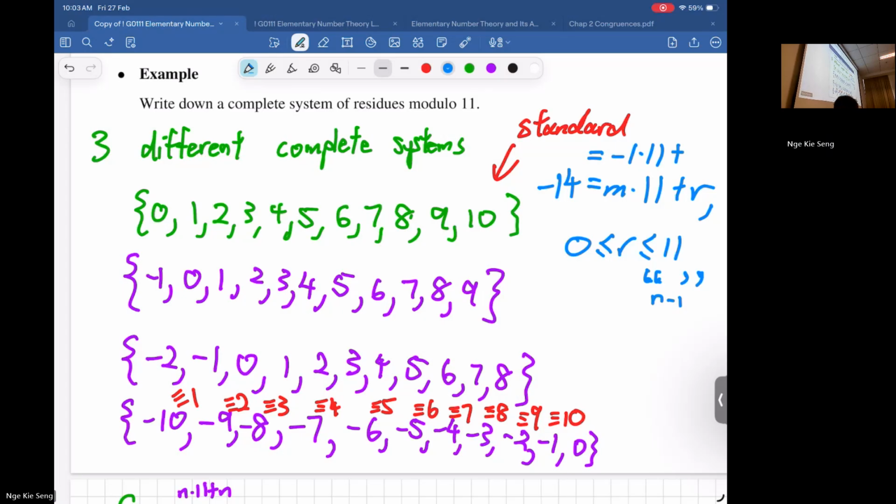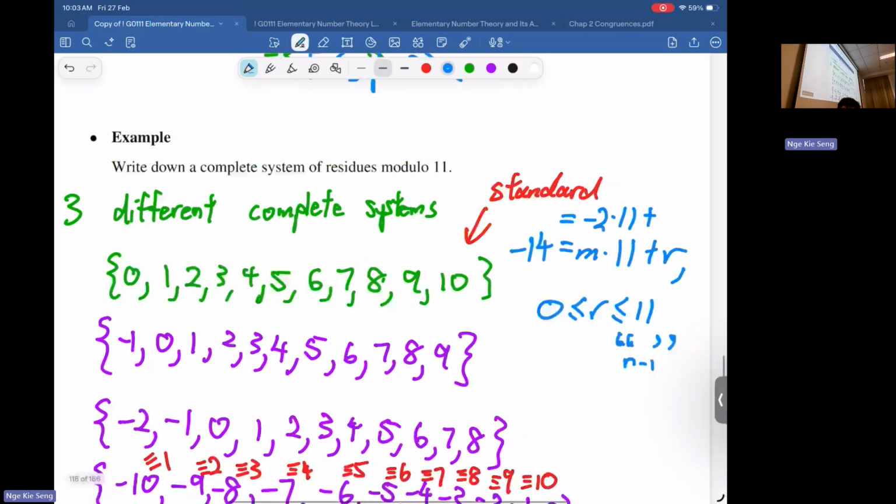I think we have to do a bit more. When you do this, it's better that you have a number line in your mind. Let's say -14 is here, 0 here, 11 here. So how can you push your remainder into the range of 0 to 11?